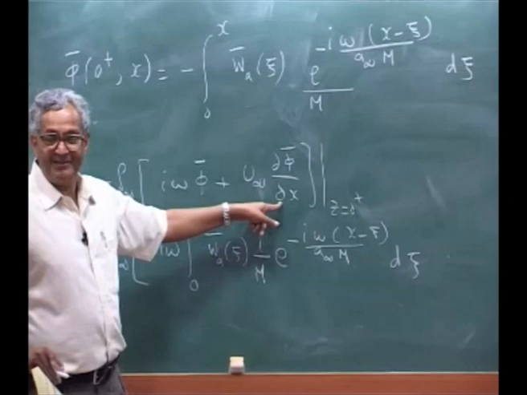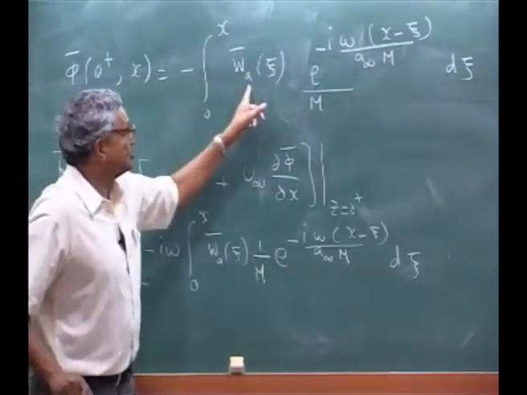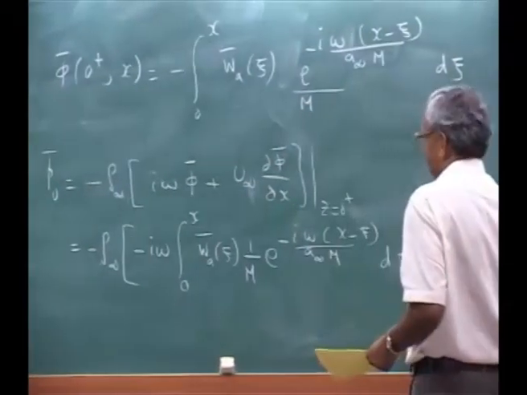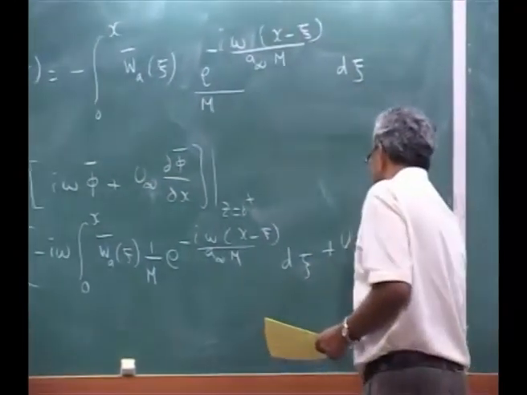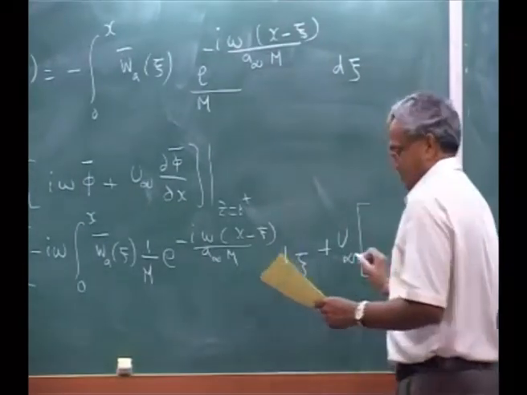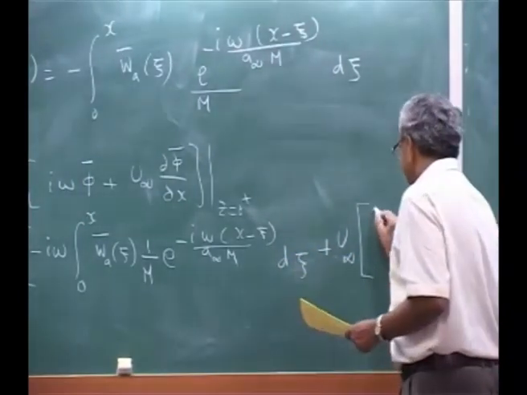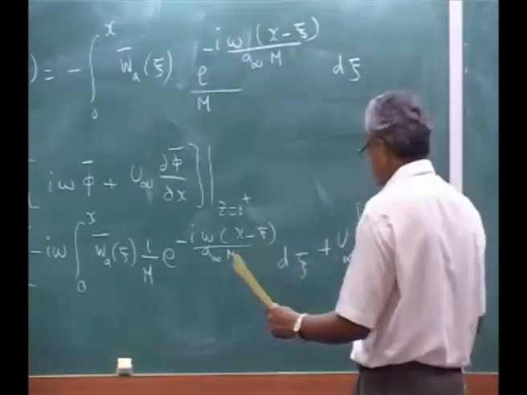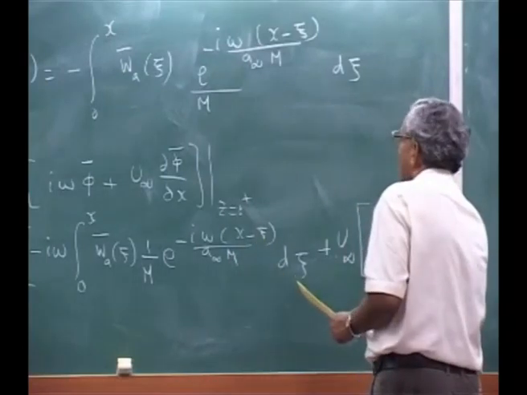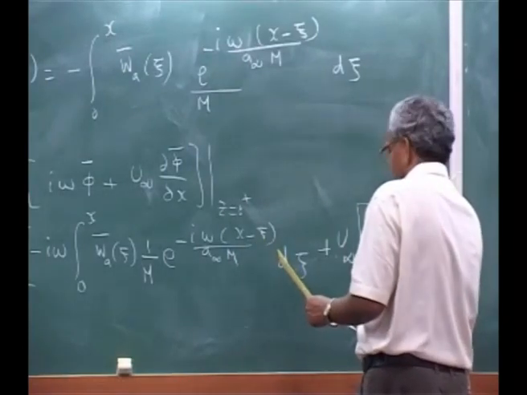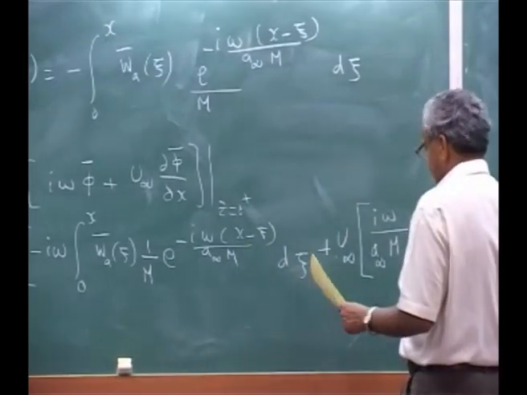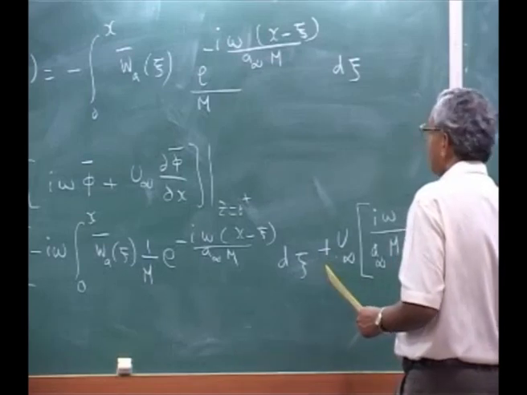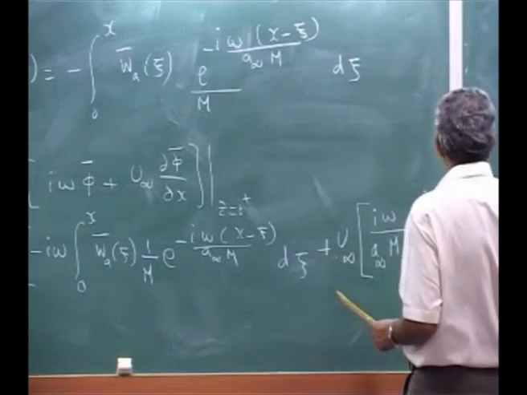Again, this has two terms. So you will have two expressions. It will become with i omega, because first you differentiate with respect to this. You will have a infinity m e power minus i omega x over a infinity m.